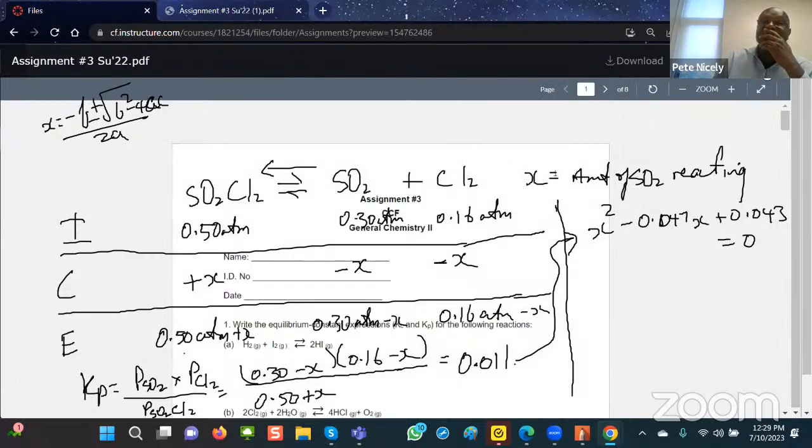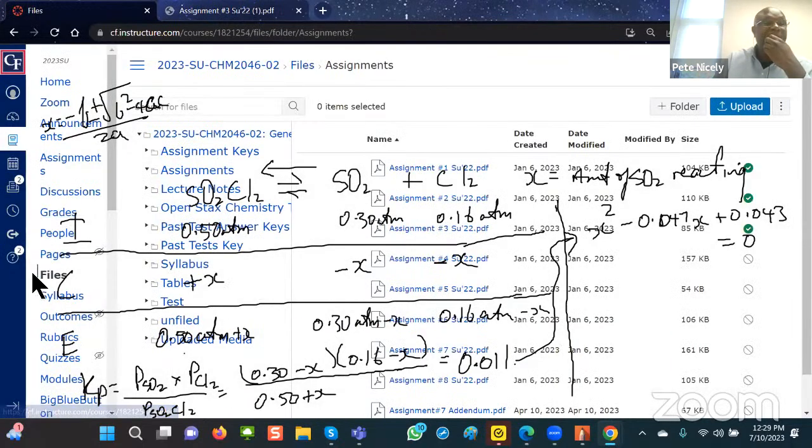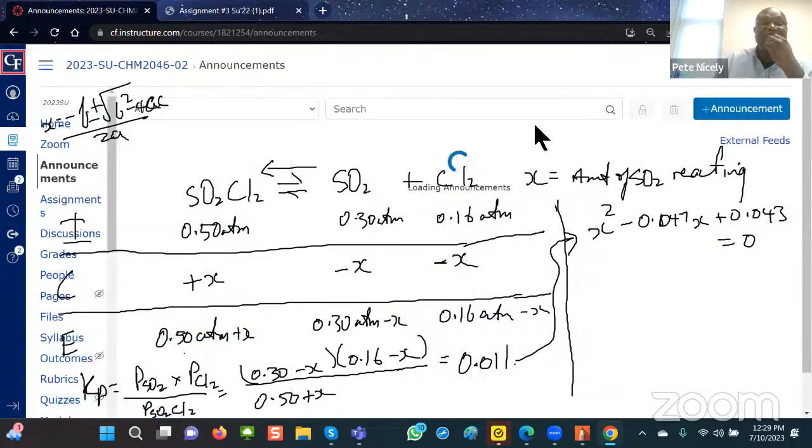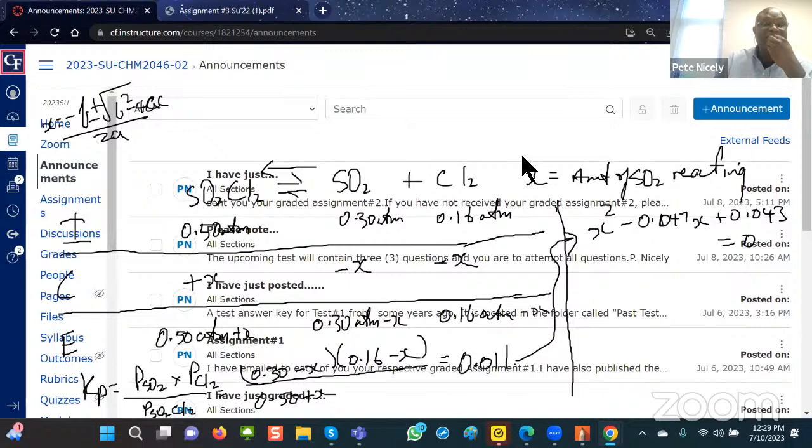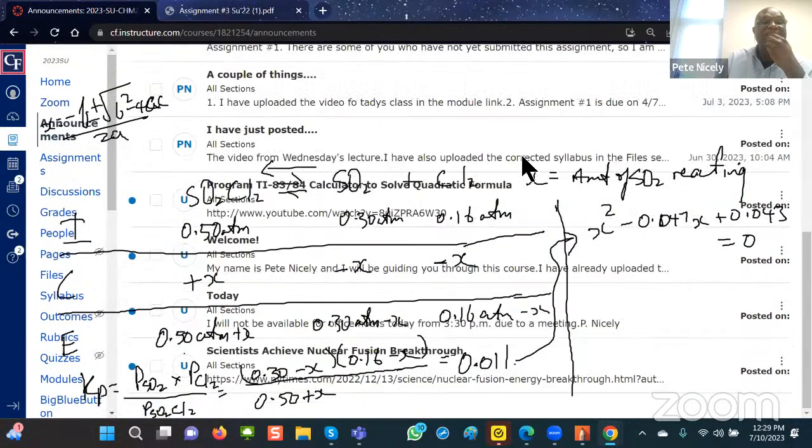If you go to announcements, if I remember correctly, okay, so this is where, I don't know if you can see it behind the writings, but right here, program TI-83/84 calculator to solve quadratic formula. I've posted a YouTube video. Please go there and watch it because they go into the steps as to how you can program your calculator if you have that type of calculator.